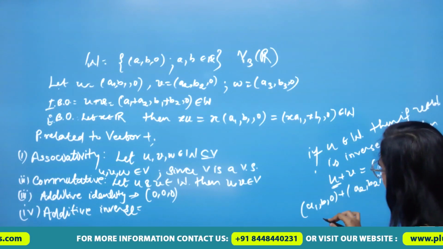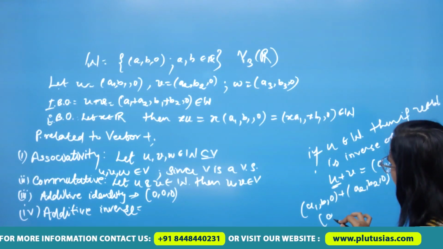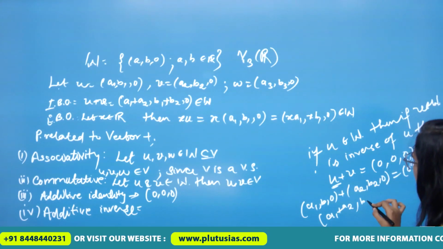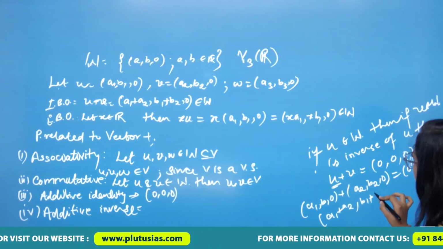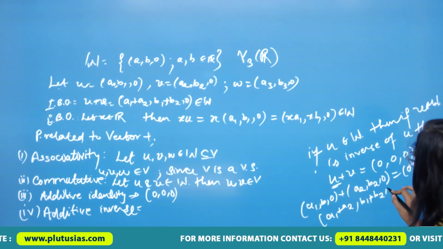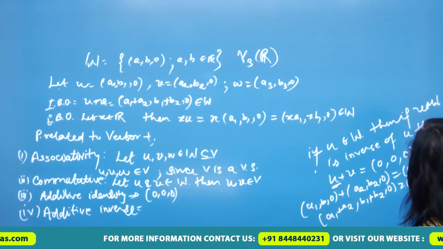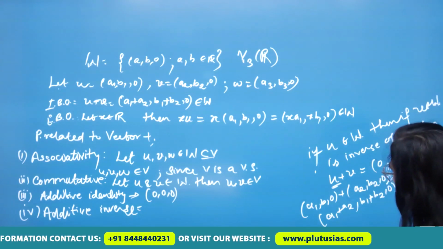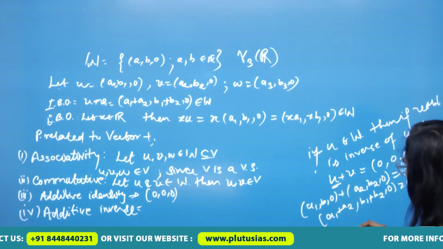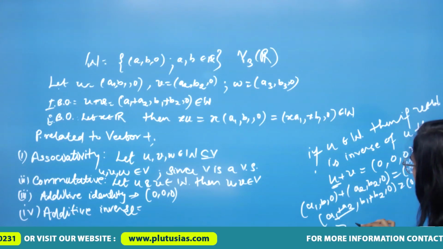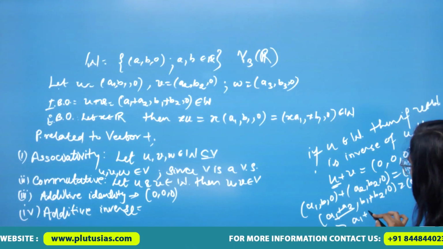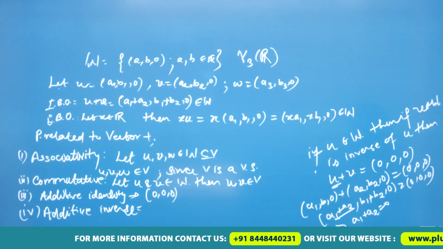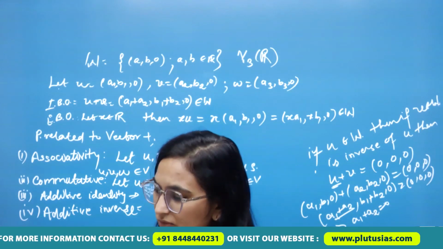Now what will this turn out to be? (a1 plus a2, b1 plus b2, 0), and this should be equal to the identity element of V and W. V and W both have the same identity, as we proved. Now this gives a1 plus a2 is equal to 0, but we have to find the values of a2 and b2, right?